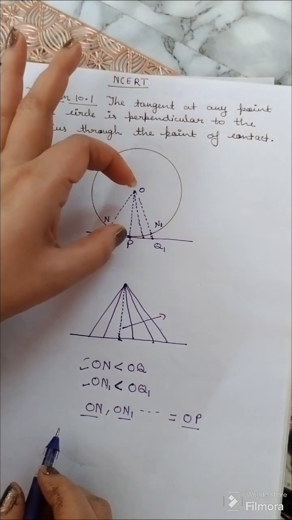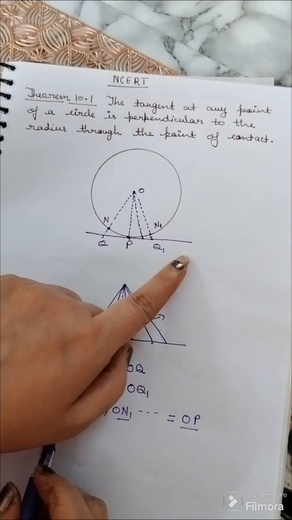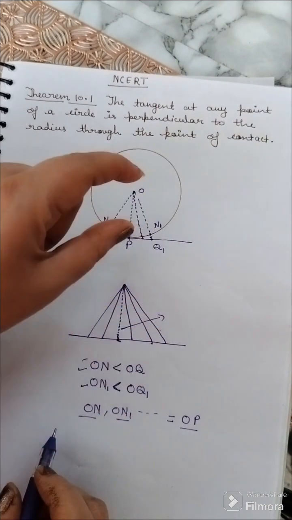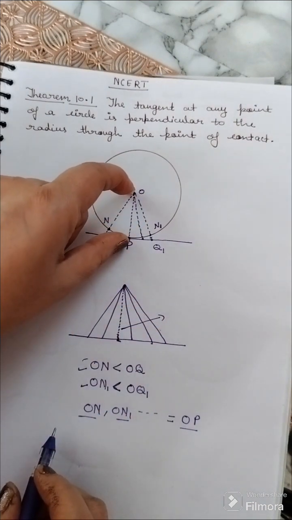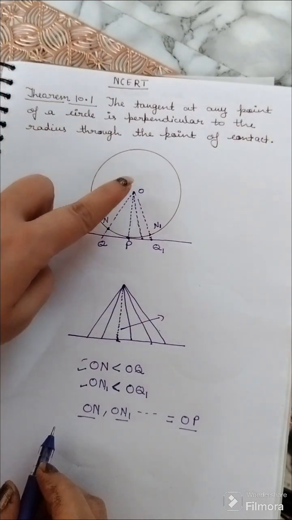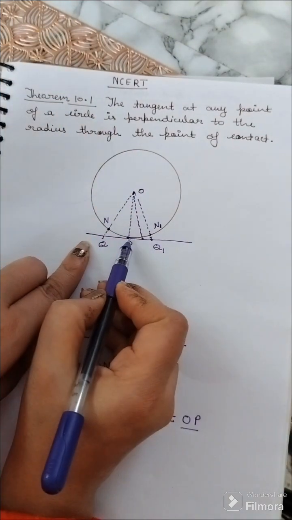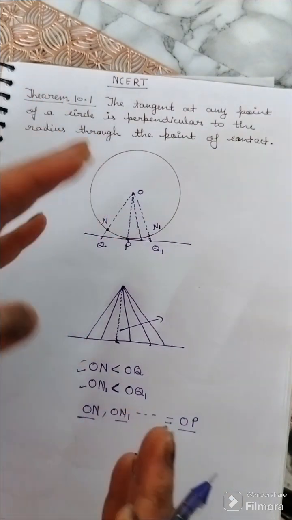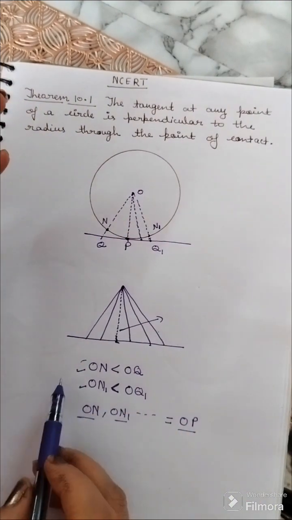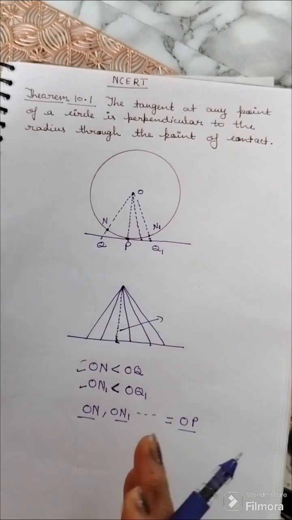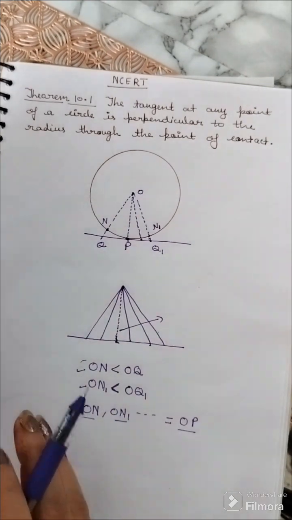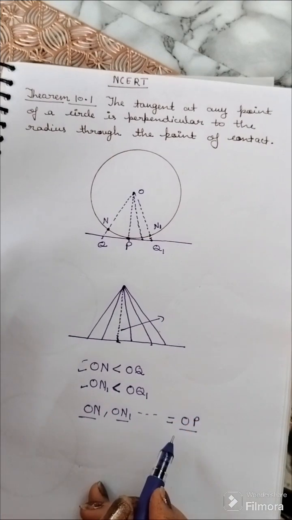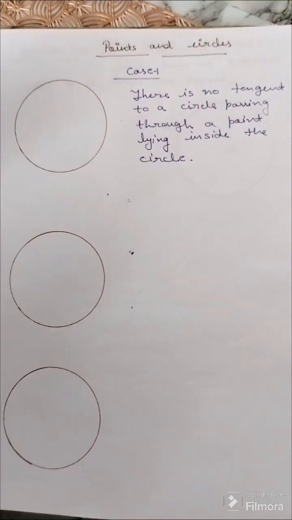And if it is the shortest distance, then OP is perpendicular to the tangent, or we can say tangent is perpendicular to radius. Which radius? Which passes through the point of contact. Not that much of calculation, it's just a simple concept of perpendicular. If we remember from class 9 what a perpendicular is, then it is very simple to explain it. I hope it is clear.